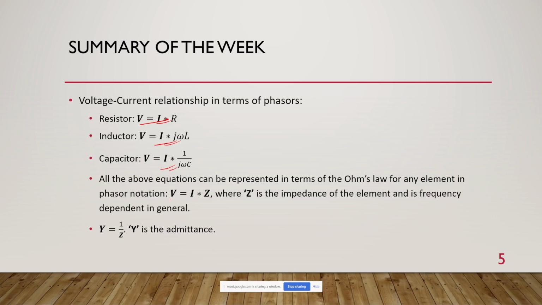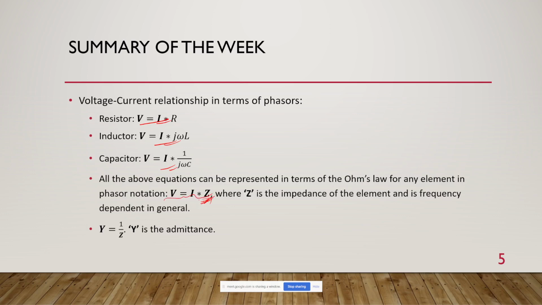Now we also talked about the notion of impedance, a complex resistance kind of quantity. I am saying kind of because it is not actually what it is supposed to mean. It is complex. This impedance is represented by Z, and it can be complex.